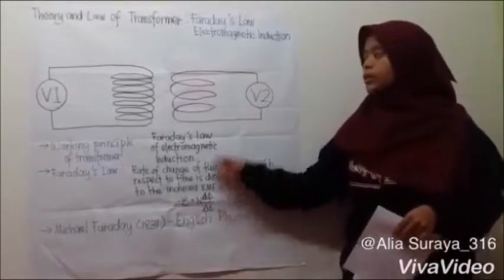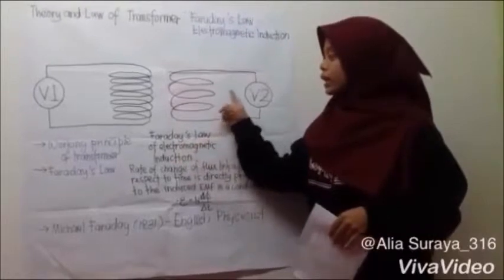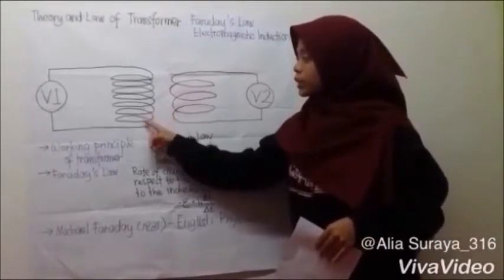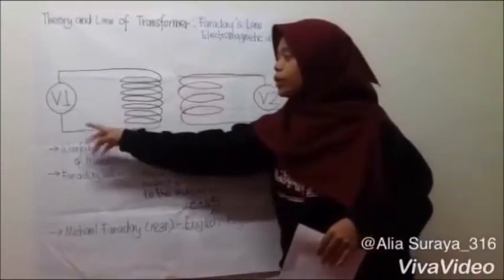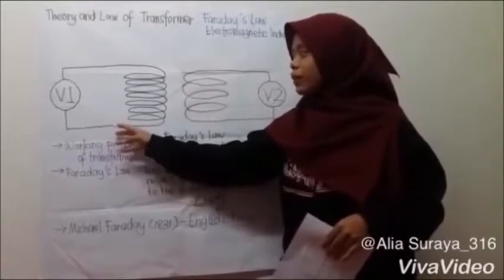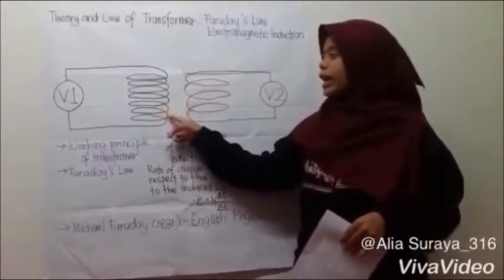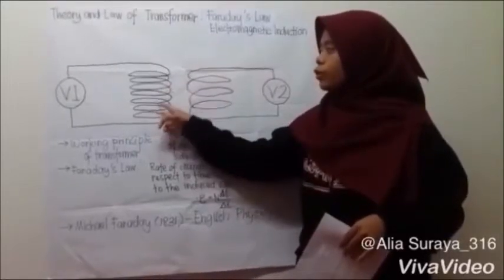Now I will explain a little bit about how the transformer works. In this example application of the transformer, we provide supply voltage to the primary coil, and a current flows through it.